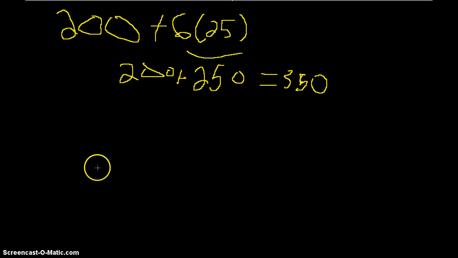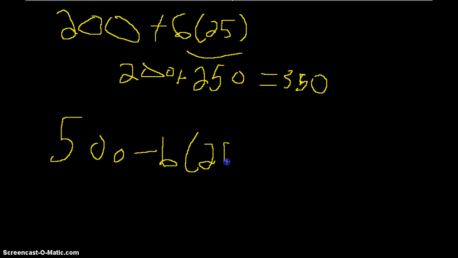And we're checking this now to see if our answer is right. And then 500 minus 6 times 25. And negative 6 times 25 is negative 250.